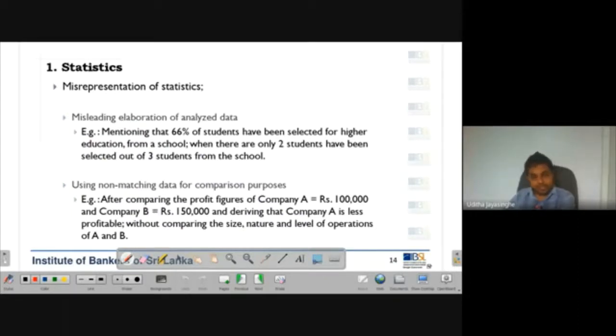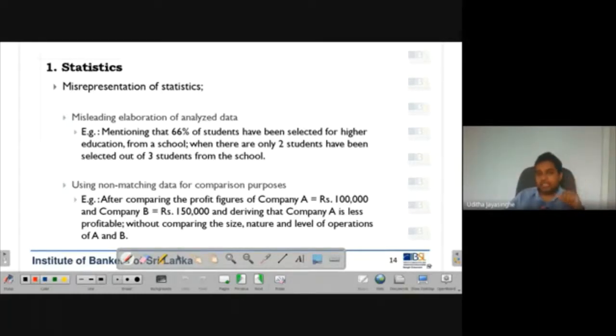Importantly, we discussed that sometimes misrepresentation of statistics can give bad examples to your audiences. Sometimes, if you put up misleading data, maybe you have 3 observations and 2 out of 3 are positive, then you say it's 66%.